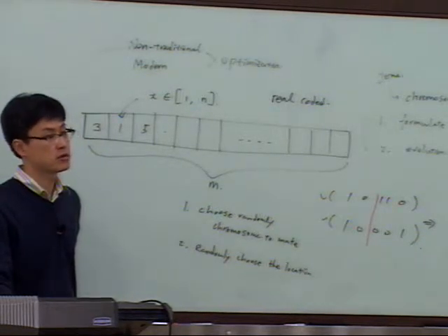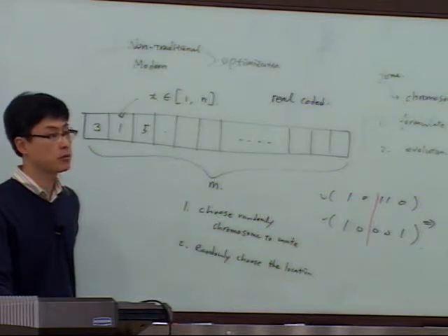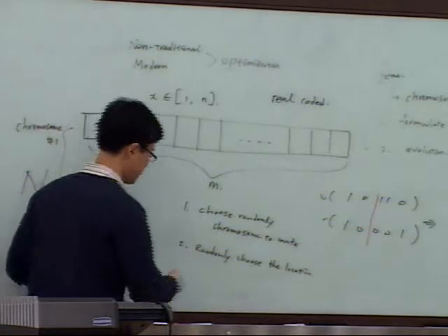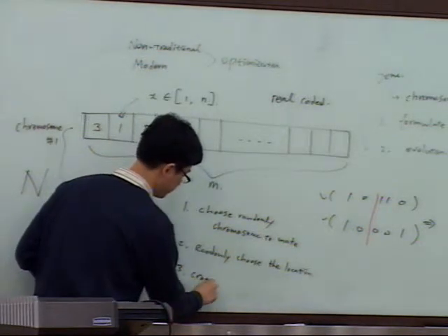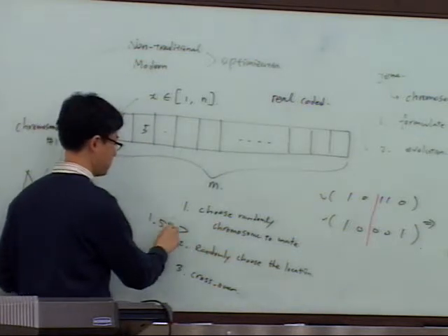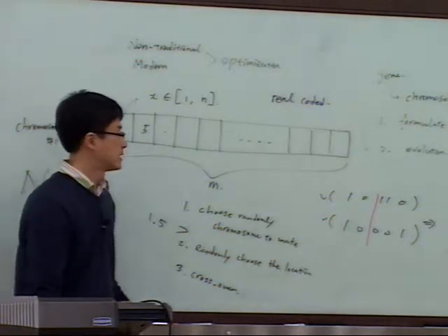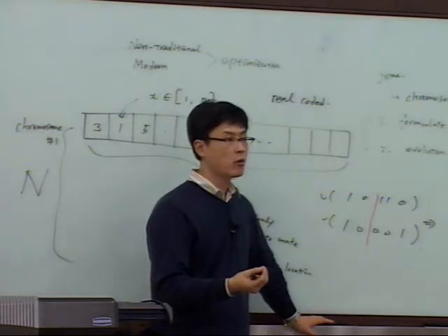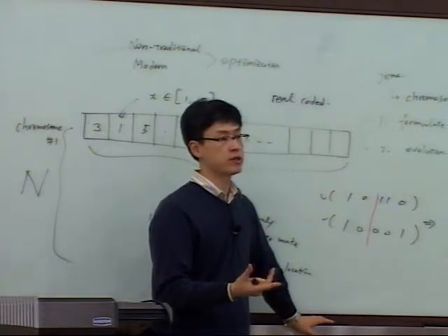You can choose multiple crossover points. For example, you can choose randomly how many crossover points you need.